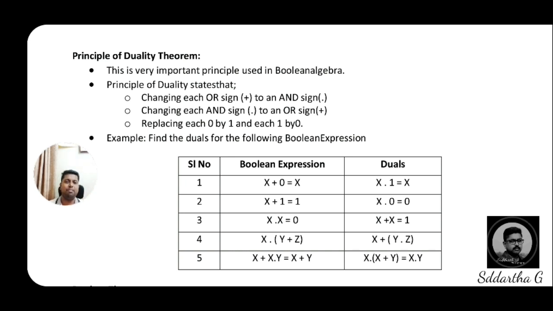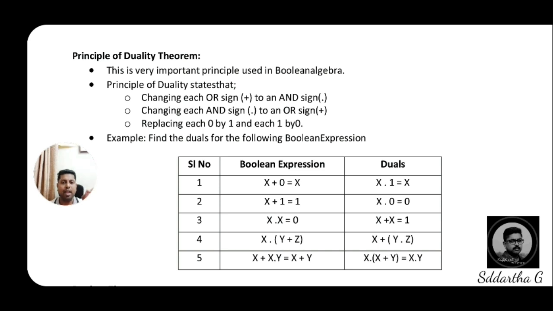This particular statement states 3 operations. First, changing each OR sign to an AND sign. OR sign means plus, AND sign means dot. That is the first statement.